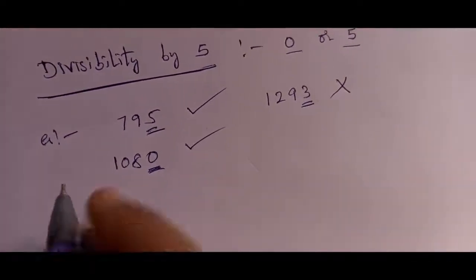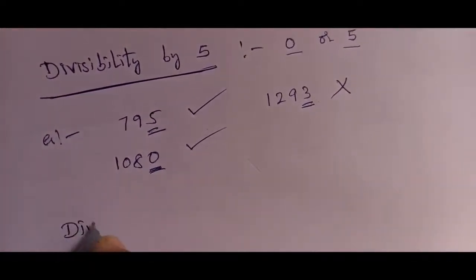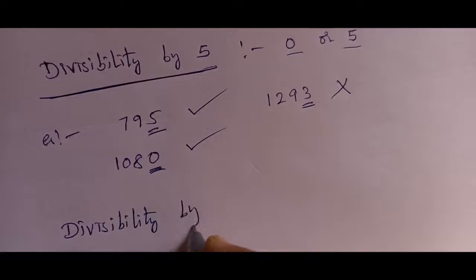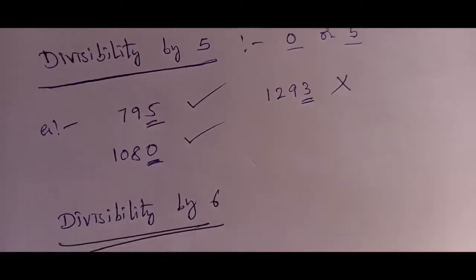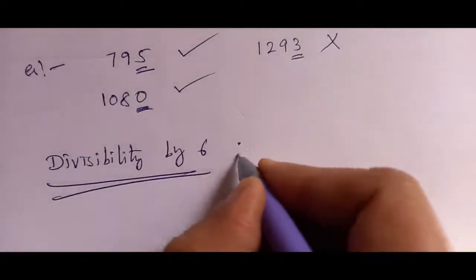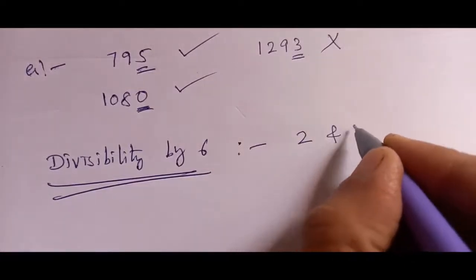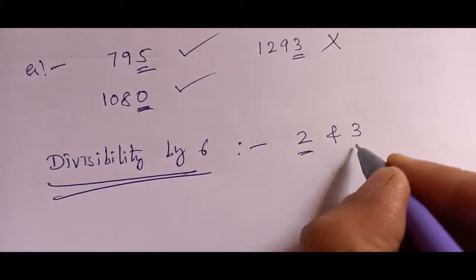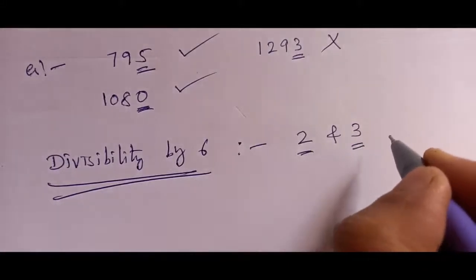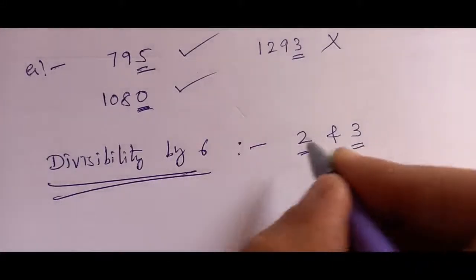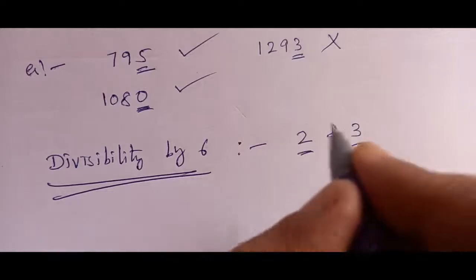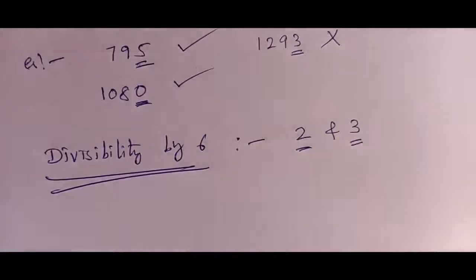Next, divisibility by 6. If the number is divisible by 2 and 3, not 2 or 3, it should be divisible by both the numbers, 2 and 3, then that number is divisible by 6.